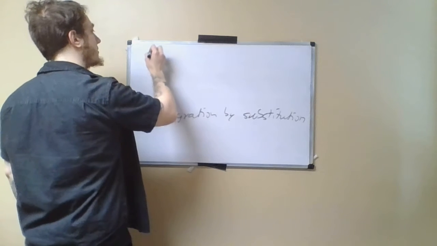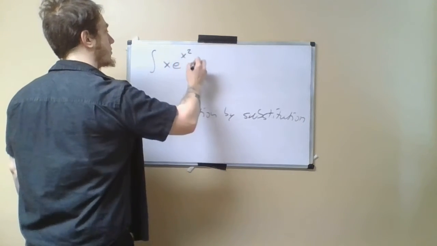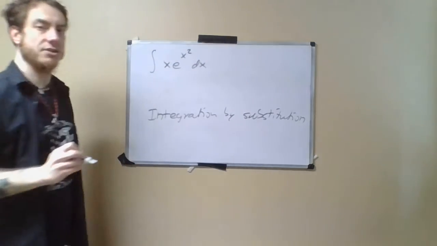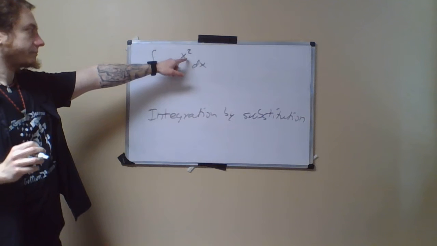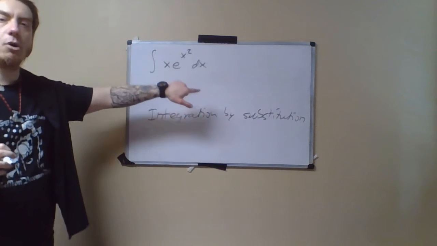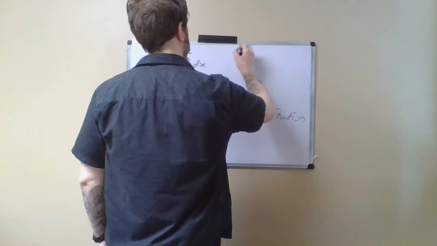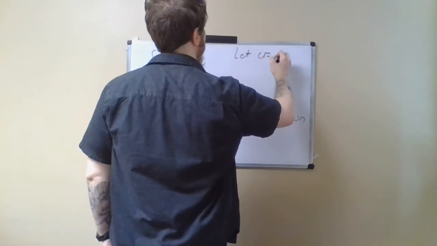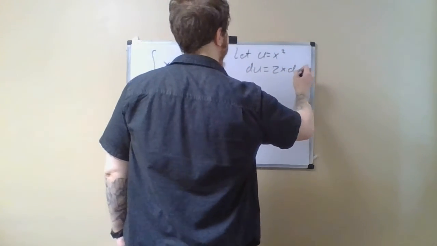Let's suppose that I want to find the integral of x times e to the x squared dx. What I notice here is that the derivative of the x squared shows up multiplying the entire integrand. So I can say, let's let u be equal to x squared, then du is 2x dx.